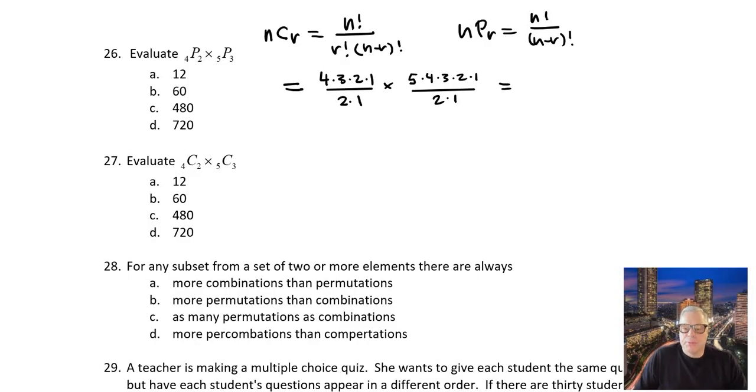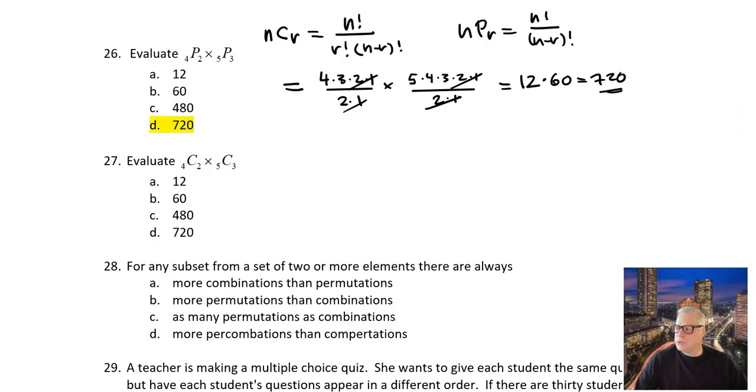Okay, so there are some things that cancel out. So now we have 4 times 3 is 12 times 60. So that's 720.